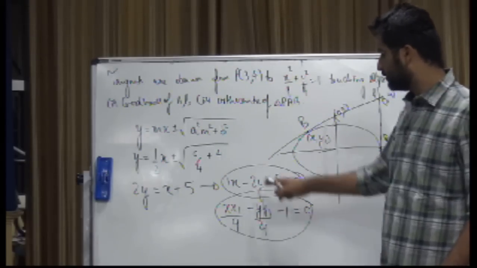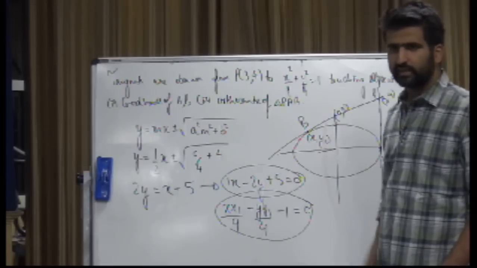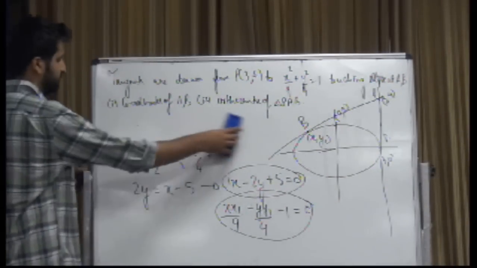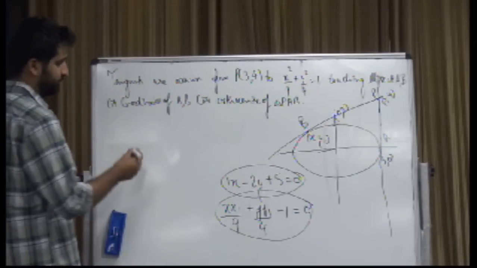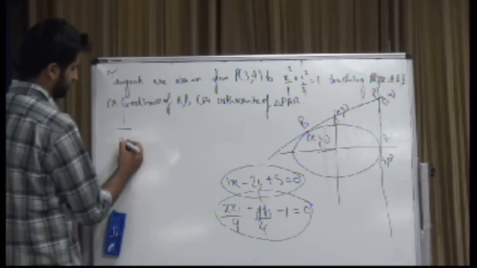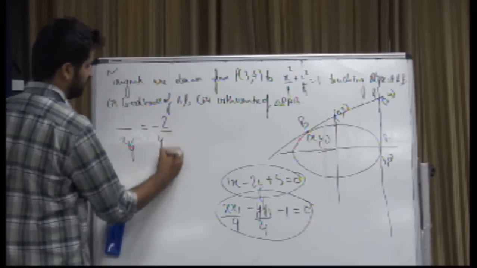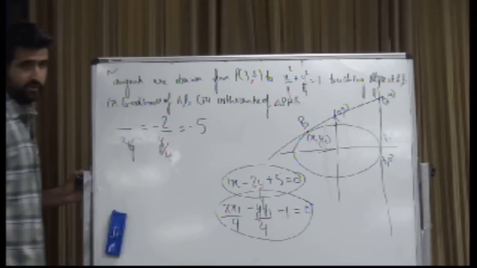Now what you can do is, these two tangents are the same. This is the equation of the same tangent. Therefore, the coefficients should be proportional. So after taking the coefficients, you will get 1 upon x1 by 9 is equal to minus 2 upon y1 by 4 is equal to minus 5.